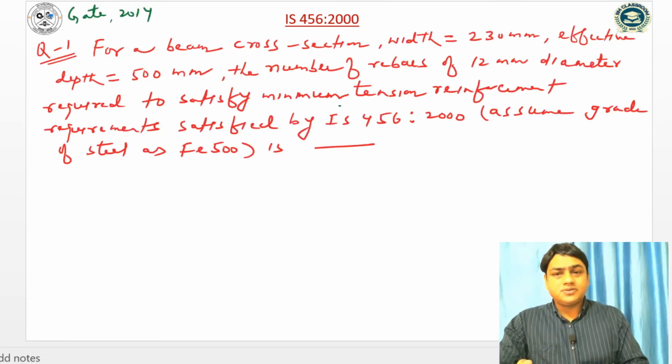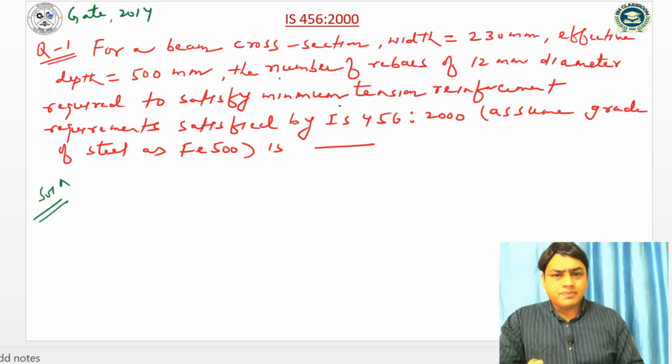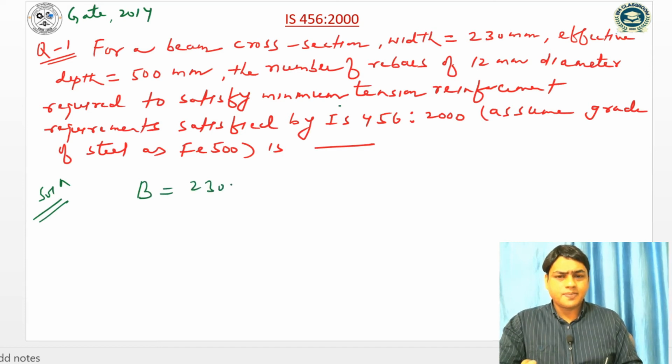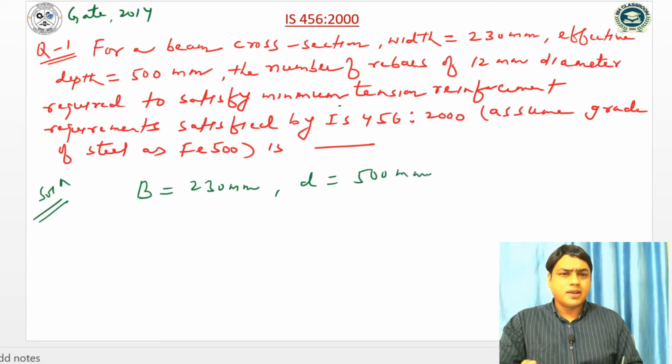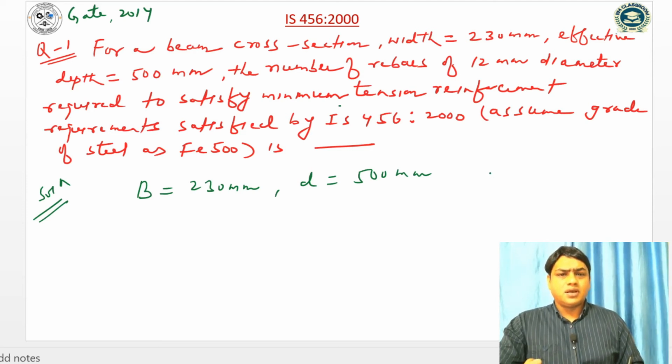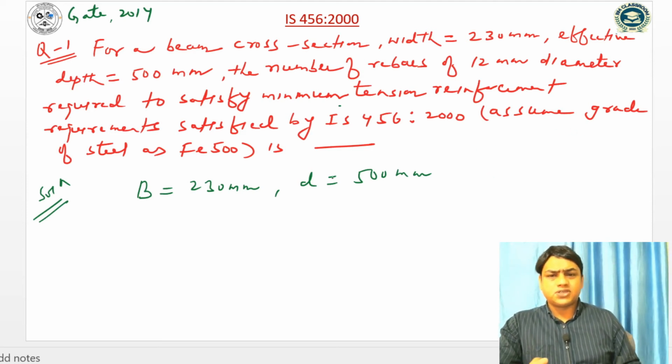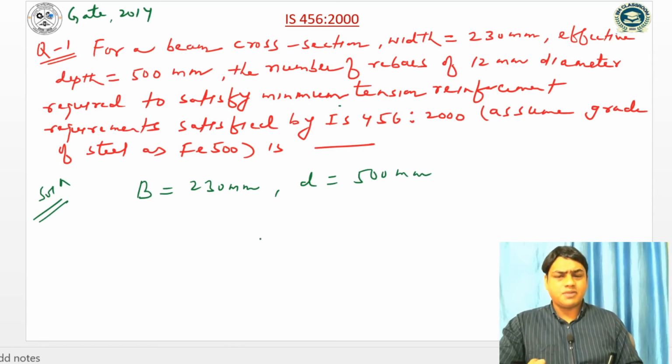So let us take the problem. For the beam cross section, the width is given, it is 230 mm, and the effective depth is given, that is 500 mm. We need the number of rebars of 12 mm diameter required to satisfy the minimum tension reinforcement as per IS 456, assuming the grade of steel is Fe 500.